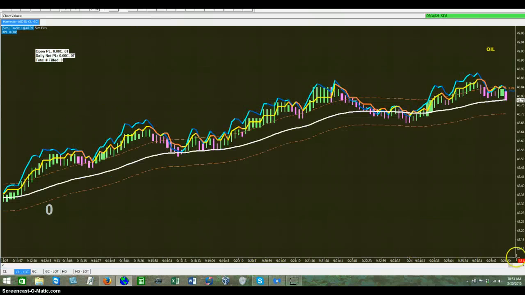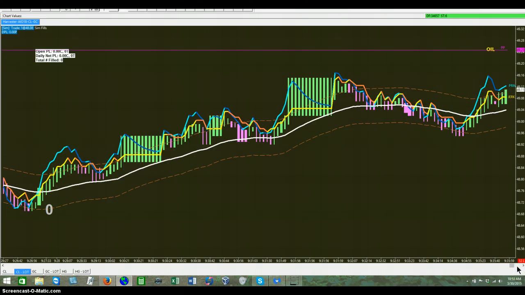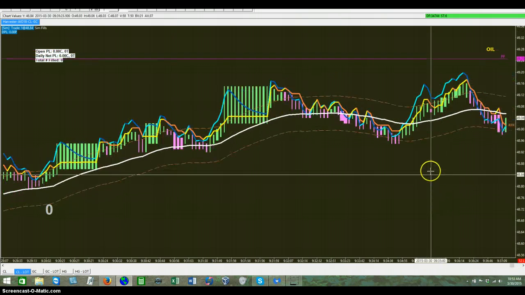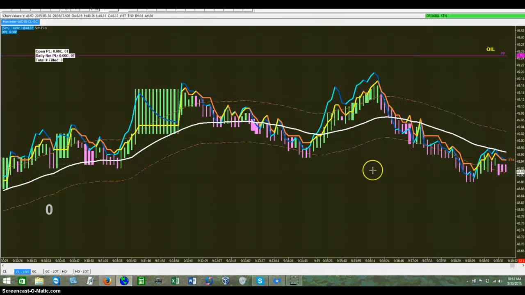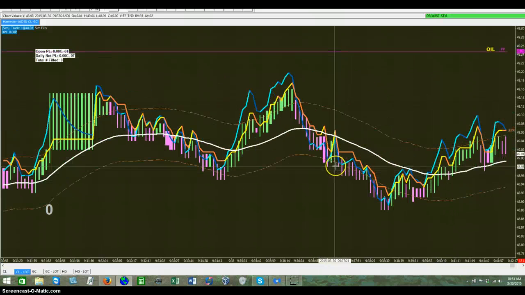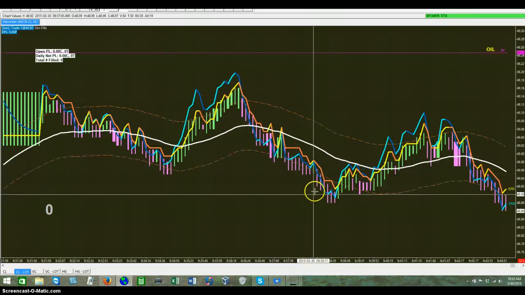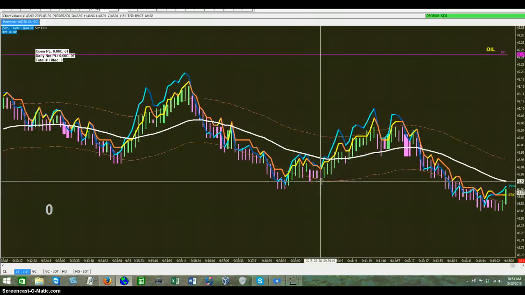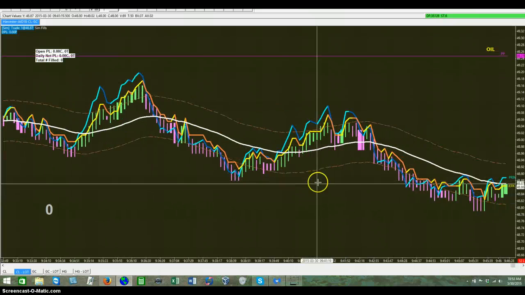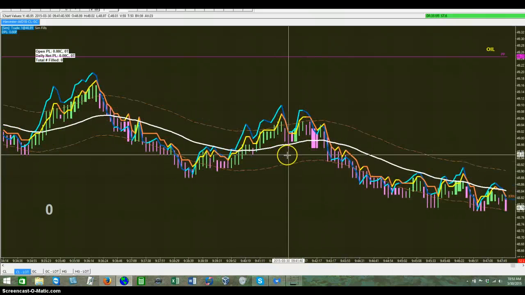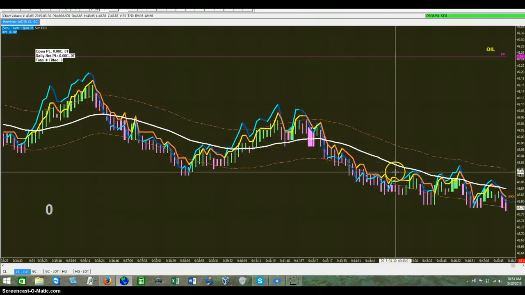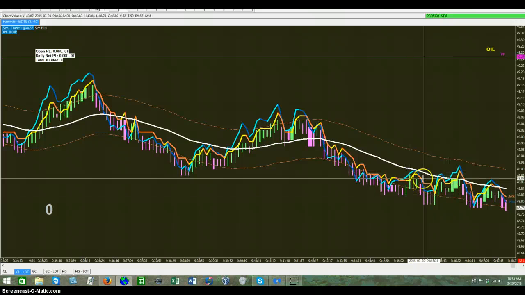At 9:45, this is how things are happening on the lot chart, because once again, once you're in position, you're going to use the lot chart to keep you in position. So at roughly 9:45, we would have been picked up for that short.